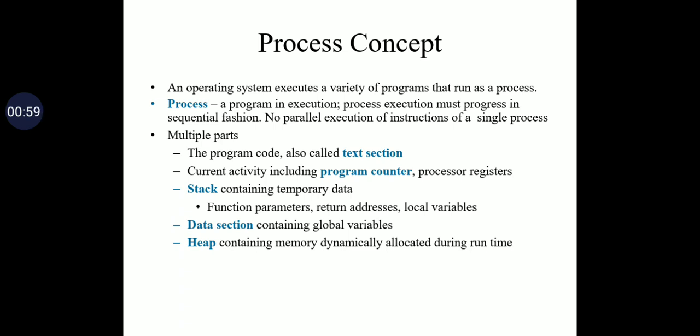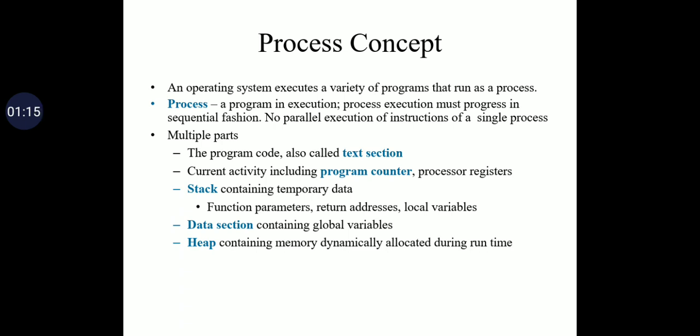If you take a process, multiple parts are there. The main program code will be called the text section, and then a program counter will be there, process registers will be there, and a stack is there.